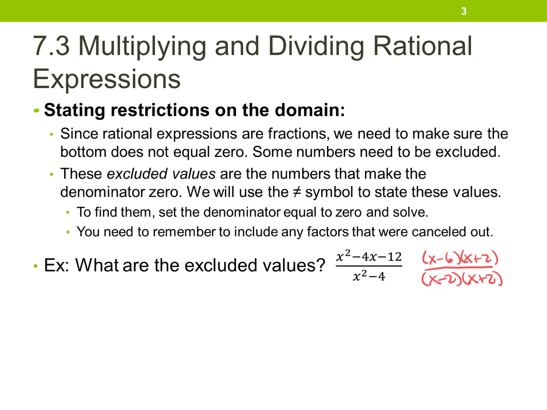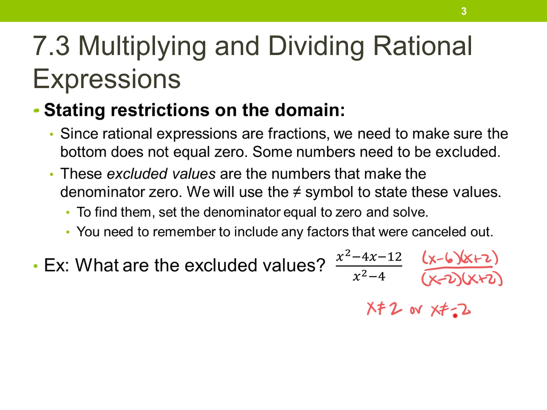So in the case of the excluded values, x cannot equal 2 or x cannot equal negative 2. And we say that because if you put 2 in for x right here, you would get 0, and 0 times this would give you 0. You'd be dividing the whole expression by 0, and that's not good at all.